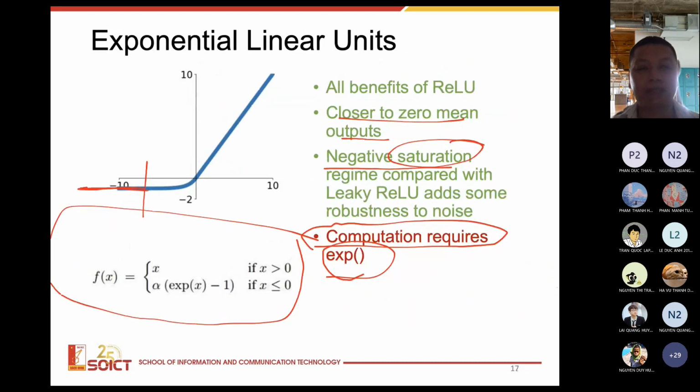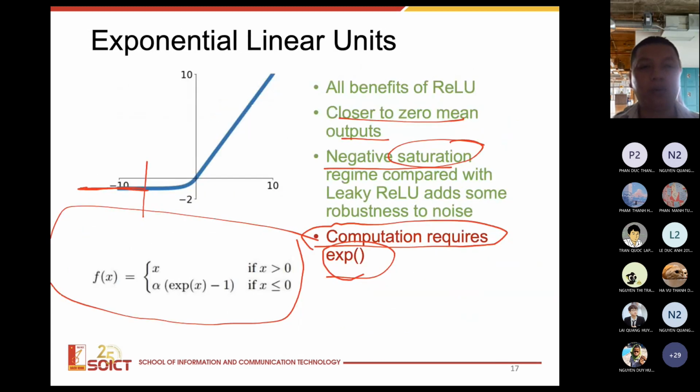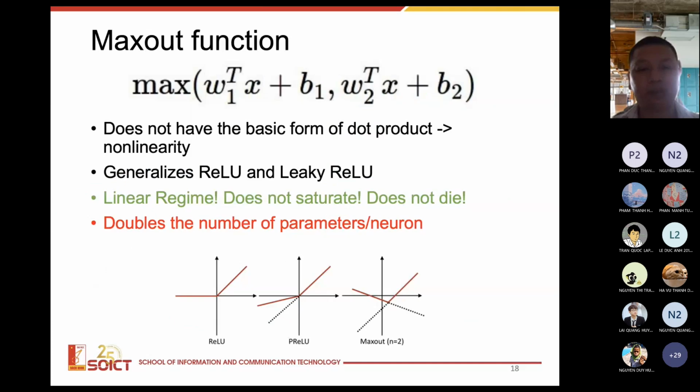If we generalize the ReLU function, parametric ReLU, and exponential linear unit, we have the maxout function. And in that maxout function, you have the following mathematical formulation. It has two parts, one for the left and one for the right.